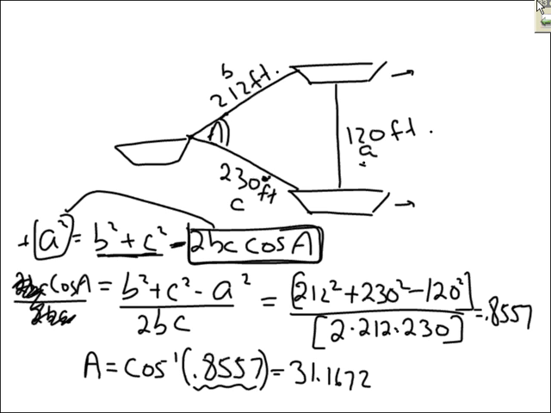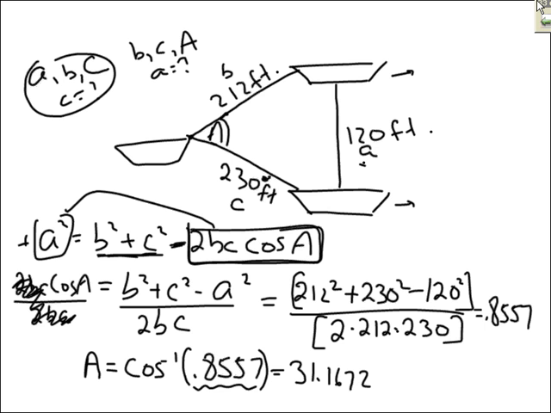Okay, that's law of cosines. Use the law of cosines if you're given two sides and the angle in between, and they ask you for the third side. If they give you side b and c, and they also give you angle A, and they're like, what is little a? Law of cosines.